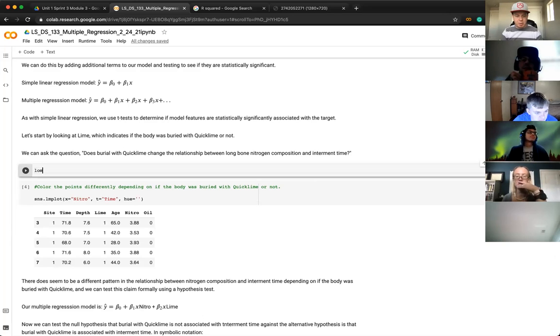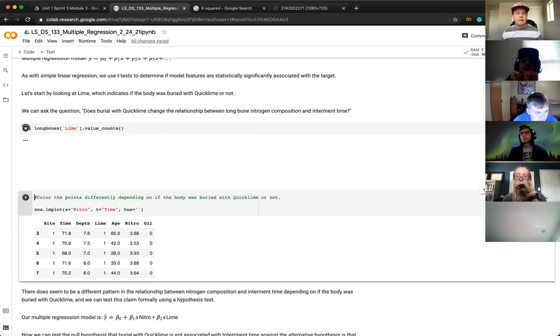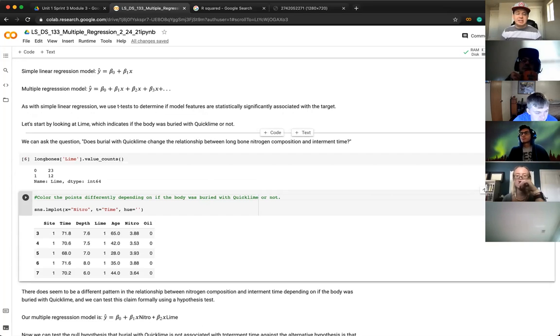So for example, if I take my long bones and look at the lime column and do value counts, long bones with a B, it'll show us that some of these coffins were buried with quicklime and some weren't.